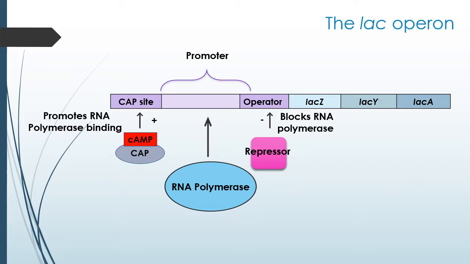The promoter is the binding site for RNA polymerase, the enzyme that performs transcription. What about the operator? The operator is a negative regulatory site bound by the lac repressor protein. The operator overlaps with the promoter, and when the lac repressor is bound, RNA polymerase cannot bind to the promoter and start transcription.